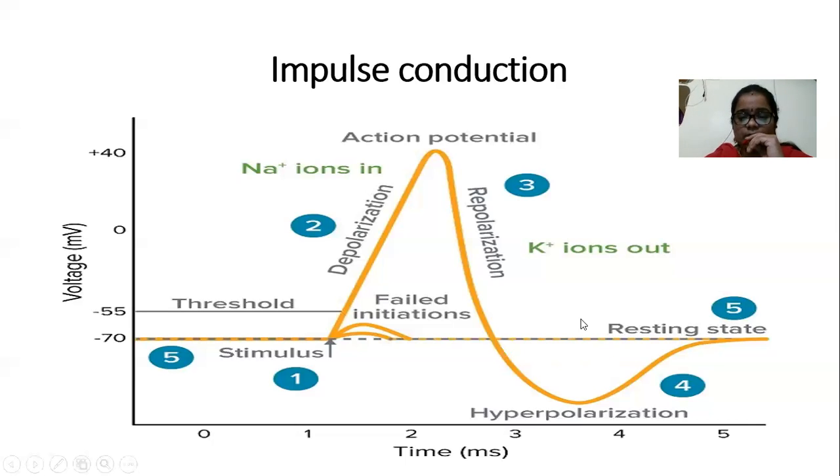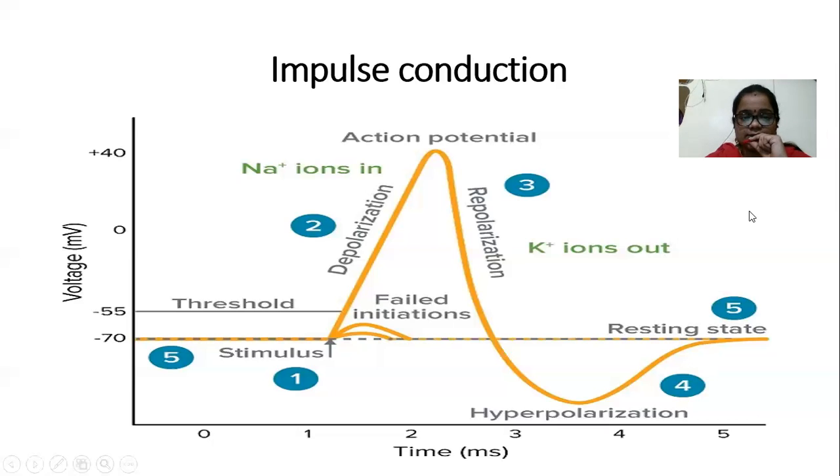The resting membrane potential is minus 70 millivolts, so hyperpolarization is a lower membrane potential, below the resting membrane potential. It occurs due to more efflux of potassium ions. Then the lower membrane potential slowly returns to the resting membrane potential. That is known as the resting state.